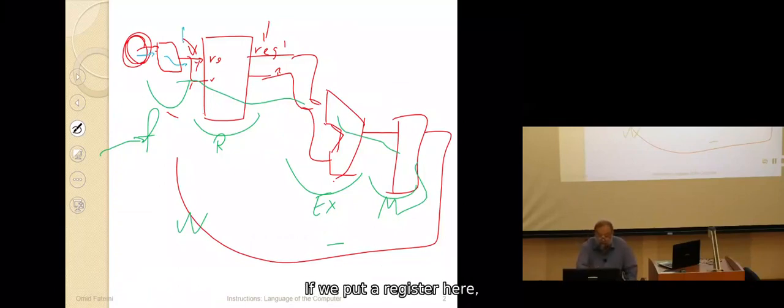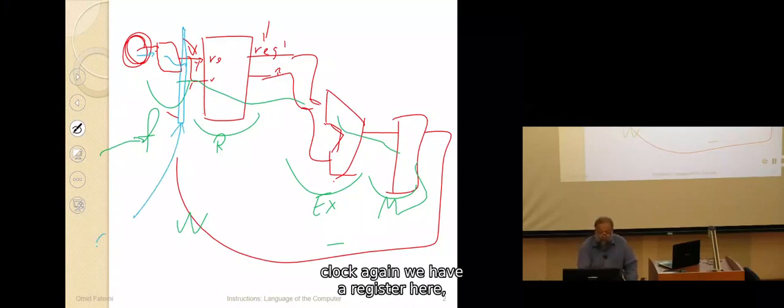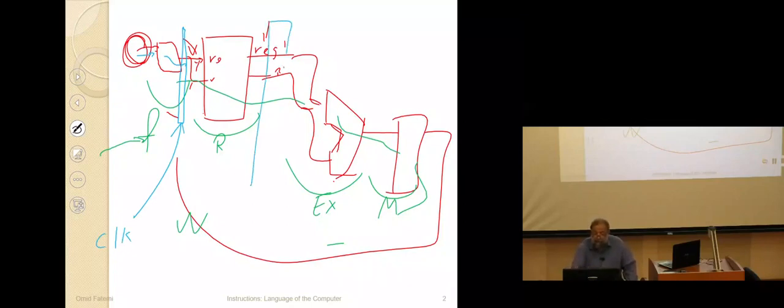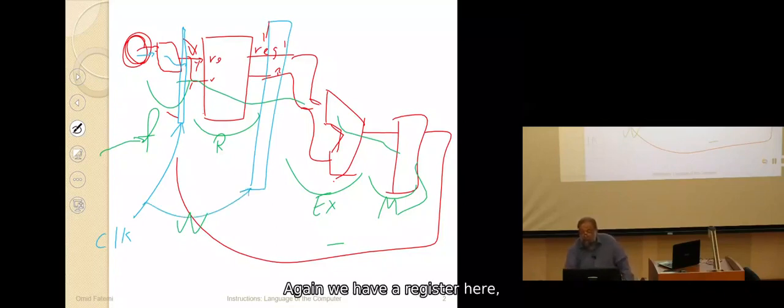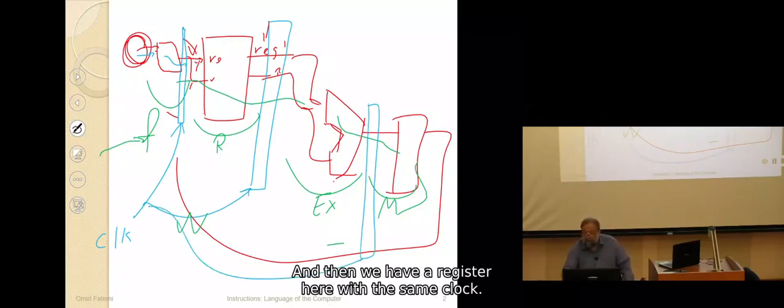If we put a register here, and this register is clocked. And again, we have a register here, and this has the same clock. Again, we have a register here, and this has the same clock. And then we have a register here with the same clock.